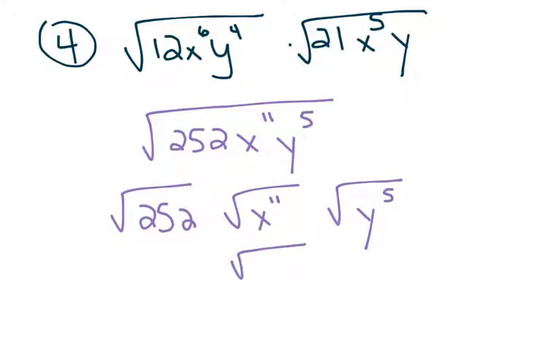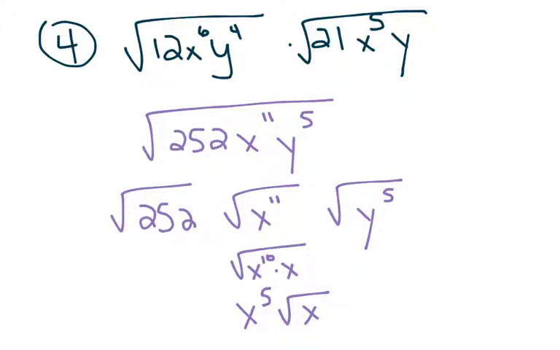Well, think about it as the closest exponent to that number that's actually even. So if I rewrite x to the 11th as x to the 10th times x, then I can take the square root of x to the 10th. It's going to be x to the 5th. But the other x I can't take the square root of.